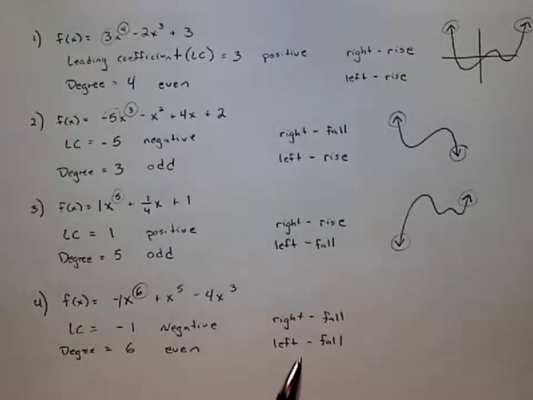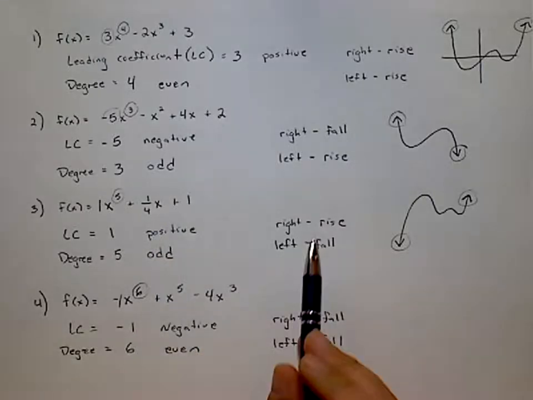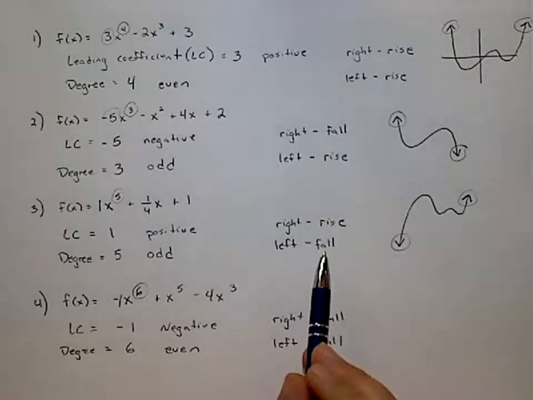A common mistake that I see all the time is people feel that if the degree is even, the left side always rises. If the degree is odd, the left side always falls. That is not the case. The degree tells whether it does the same or the opposite of the right side. So here we had a degree that was odd, and the left side did the opposite.